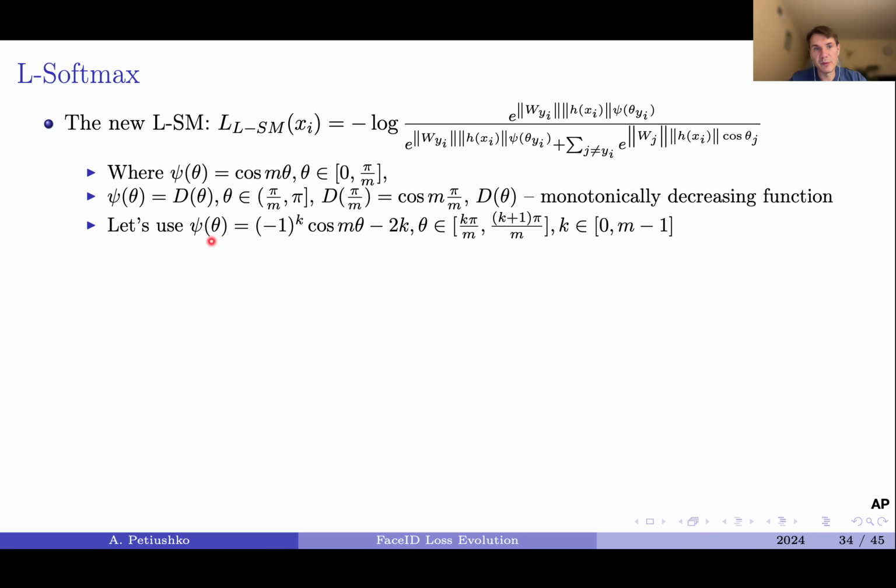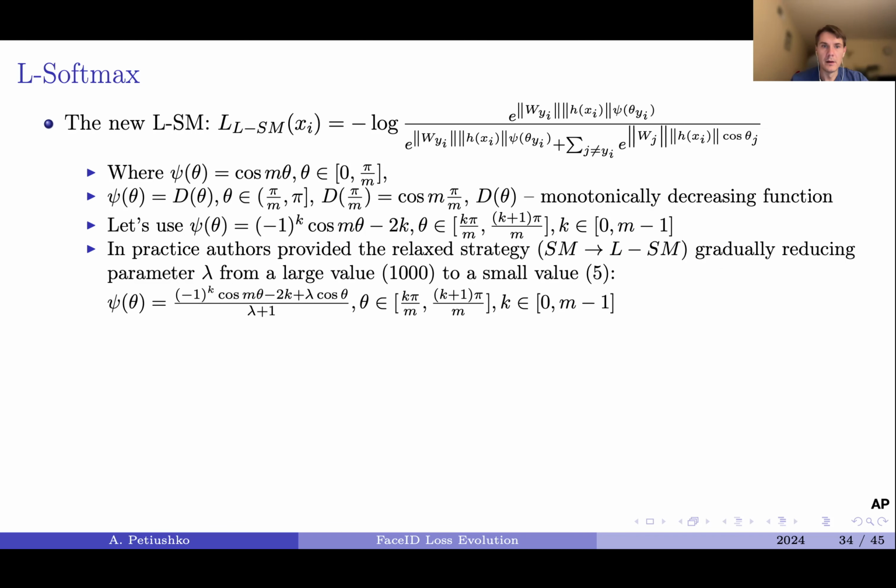And the authors propose to use the following form of this function psi of theta. It looks complex, but it just creates cosine, cosine, cosine, etc. But this is the theory, and in practice not everything works as in our ideal theoretic case.